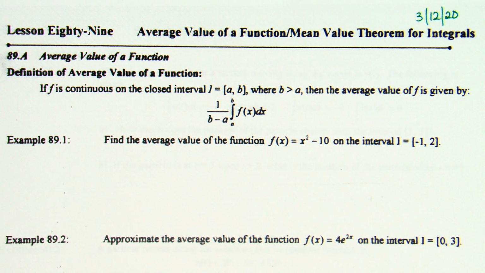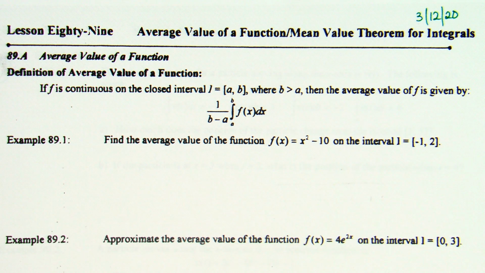So, definition of average value of a function. If f is continuous on the closed interval I, which is defined as from a to b, where b is larger than a, so top interval greater than the smaller interval, then the average value of f is given by, and you'll notice it's basically the integral of f of x dx from a to b, but what's out in front? 1 over b minus a.